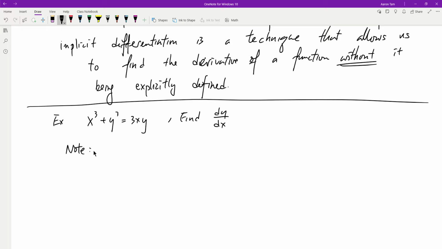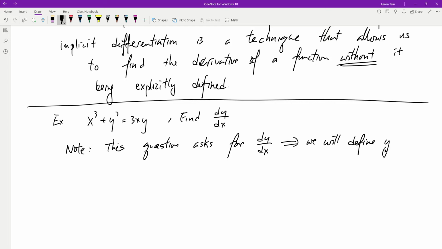Note. The question here asks for dy over dx. And that's important, which basically means we will define y as a function of x based on this derivative.